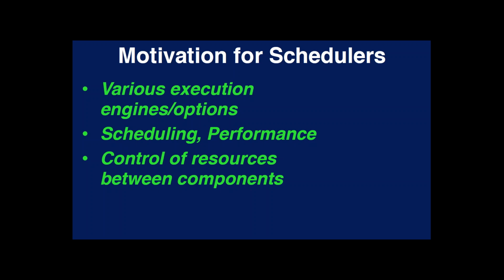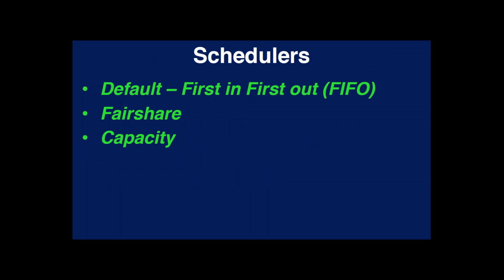So how it differs from MapReduce 1 to 2. These are the three different schedulers. The default one is first in, first out. This is very famous, we know that. Whichever job comes, we give the resources to it.